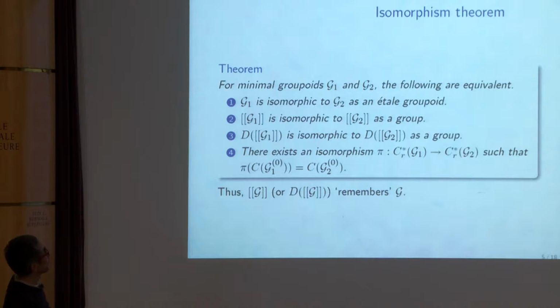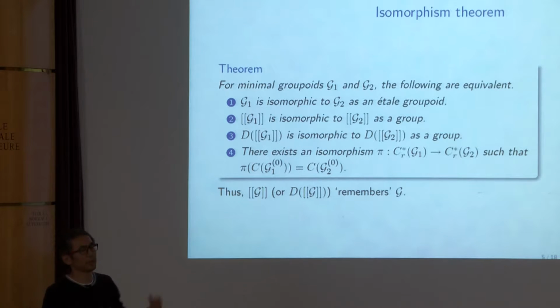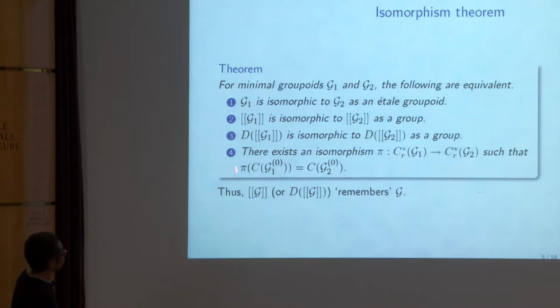And next, we have to keep this theorem in our mind. So for minimal groupoids G1 and G2, minimality is naturally defined for groupoids, and of course, a groupoid is minimal if and only if the dynamics is minimal. Then these conditions are equivalent to each other.